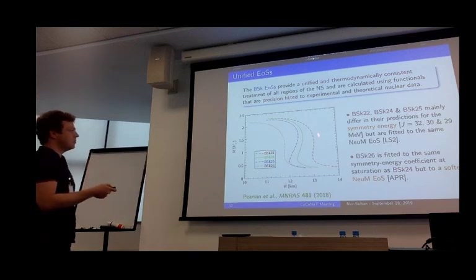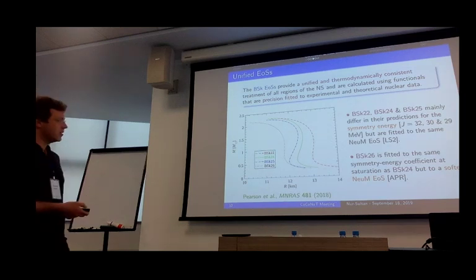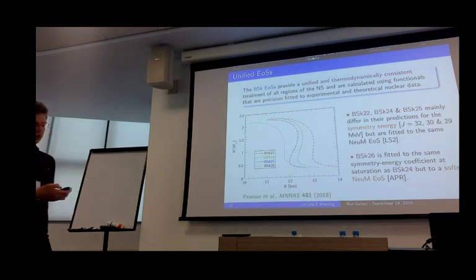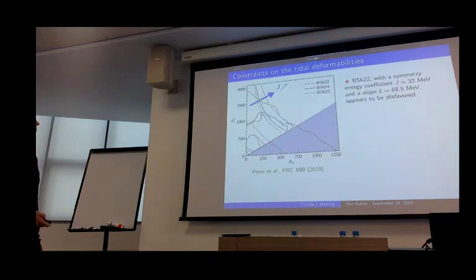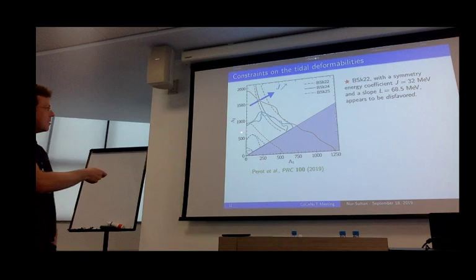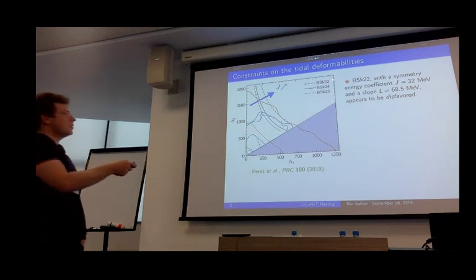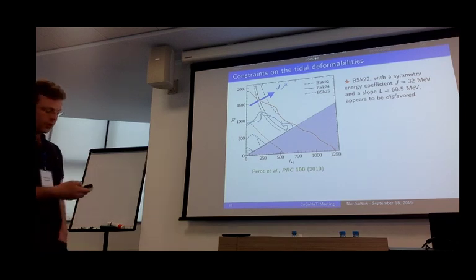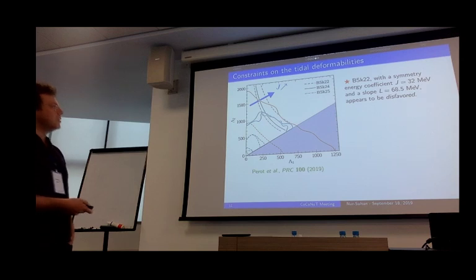So here are the corresponding mass-radius relations, and as you can see, all these equations of state are consistent with the two solar mass measurement of neutron stars. So here, the line in black corresponds to individual tidal deformabilities for this particular equation of state and for chirp mass corresponding to those inferred from GW170817.